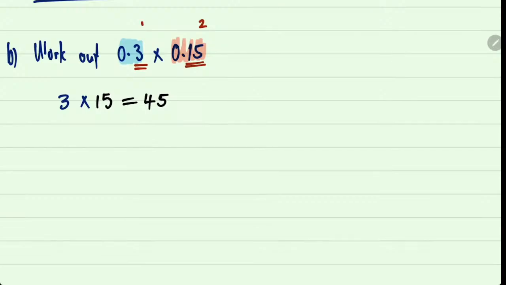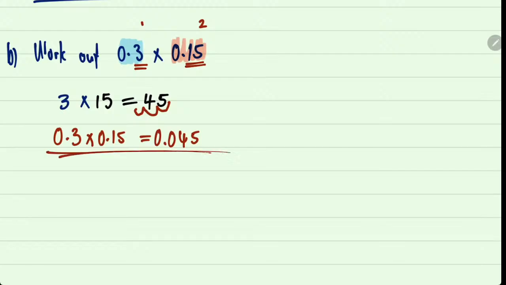That means in the original one, 0.3 times 0.15, we should move the comma 3 times: 1, 2, 3. So it will be 0.045. This is the real answer. Are you seeing?